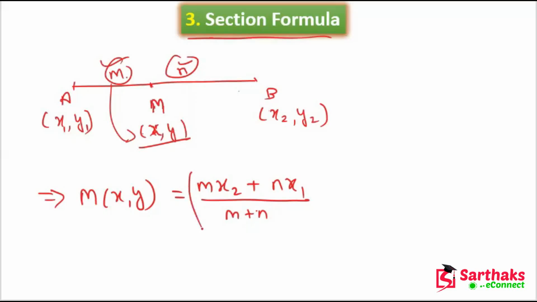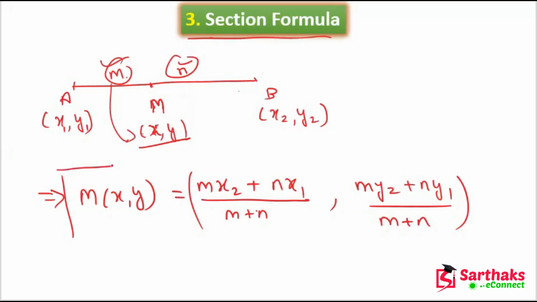This is the x coordinate. For the y coordinate, the formula is m into y2 plus n into y1, divided by m plus n. My dear friends, this is the section formula.